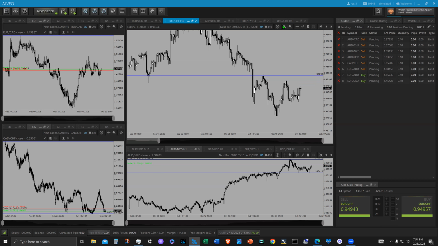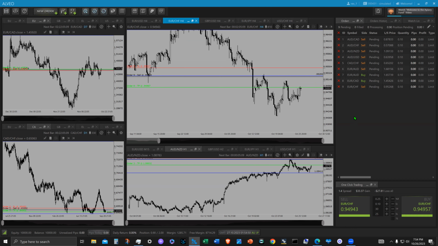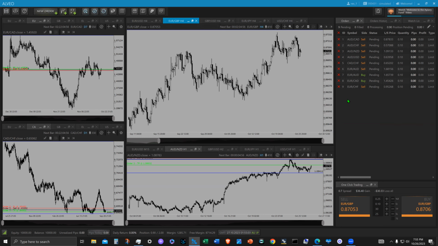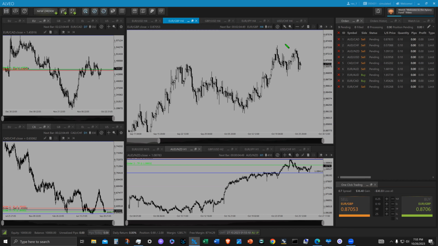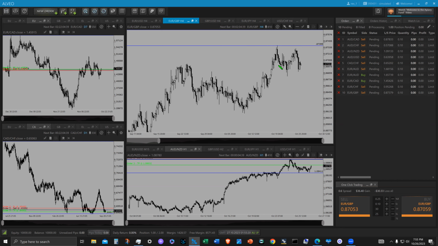I went to the taller one up here in my notes. Sell limit. Euro pound. Euro yen.